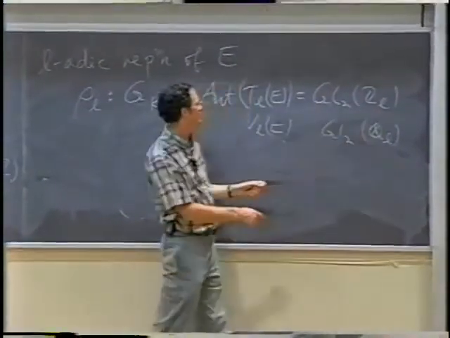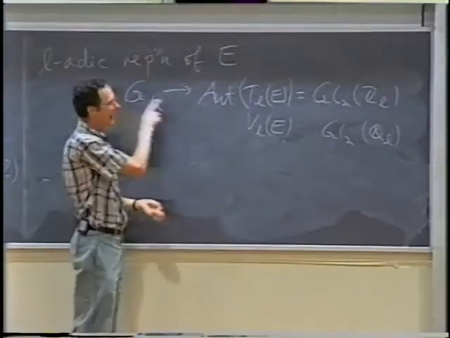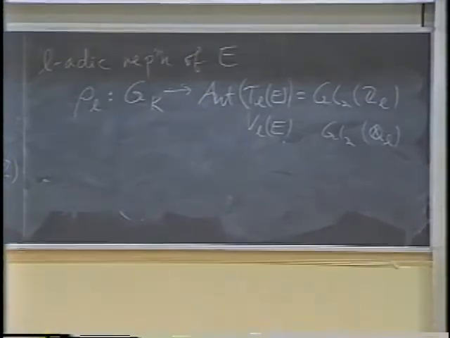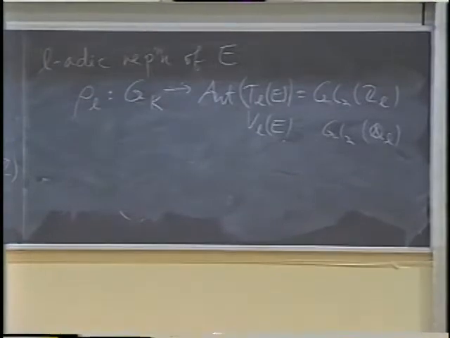In other words, you look at the representation onto just the L torsion points. So you go from an L-adic representation to a representation mod L. And it's the comparison of those two which forms the heart of Wiles's proof.